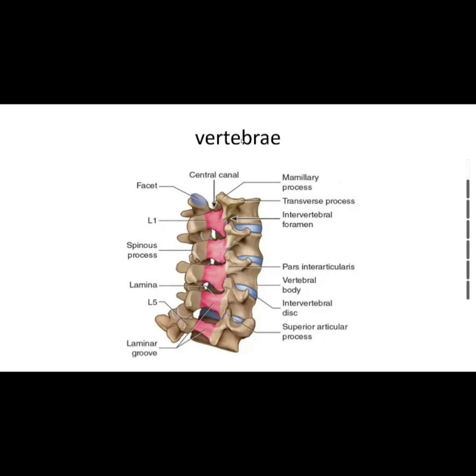So we have what we call typical vertebra, then atypical vertebra. Most typical vertebrae will have a rounded body anteriorly, that is in front, then a vertebral arc posteriorly, and then we have the vertebral foramen.